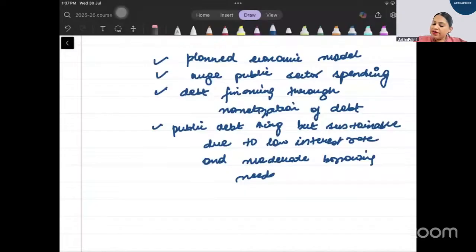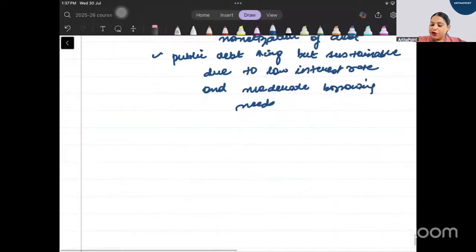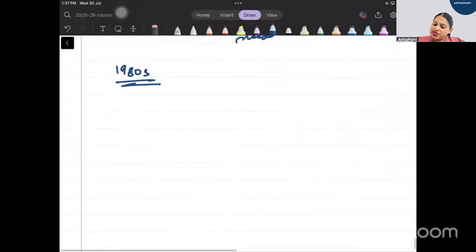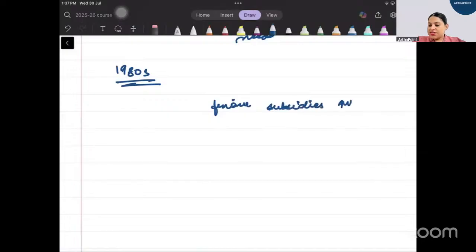Now the next period was the 1980s, right? This is where we started looking at external vulnerability and fiscal expansion. During this period we had given a lot of subsidies. So subsidies started increasing, and the public sector enterprises started becoming loss making, right?